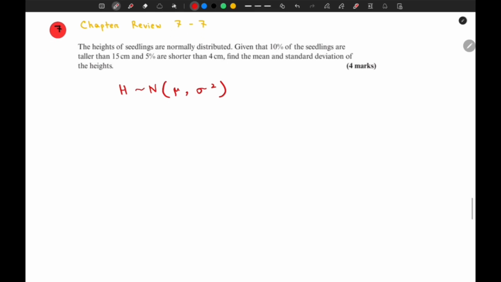Now, given that 10% of the seedlings are taller than 15 centimeters, the probability for the height to be greater than 15 is 10%. Your percentage is your probability, so it's 0.1. Now we need to convert this greater than sign into a less than sign. We can do that simply by using this formula.